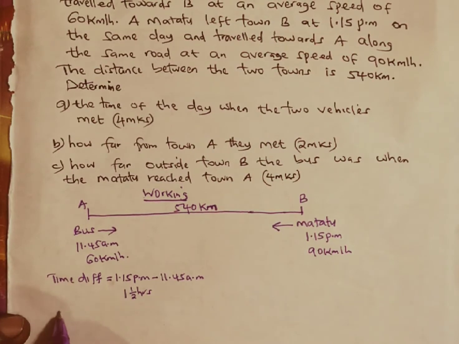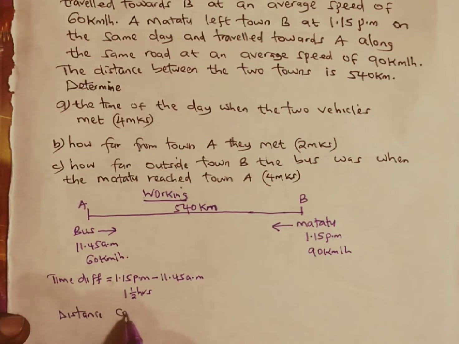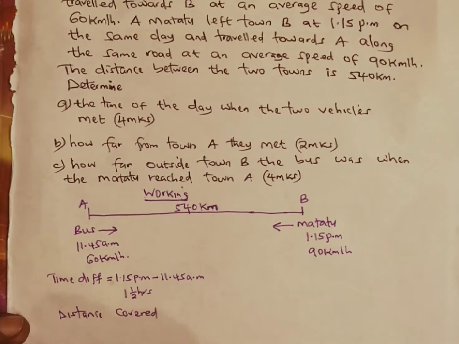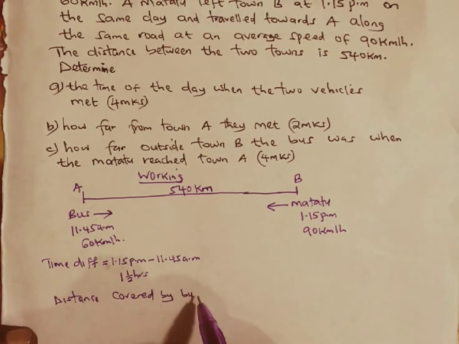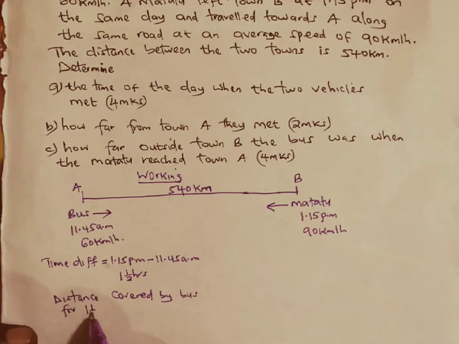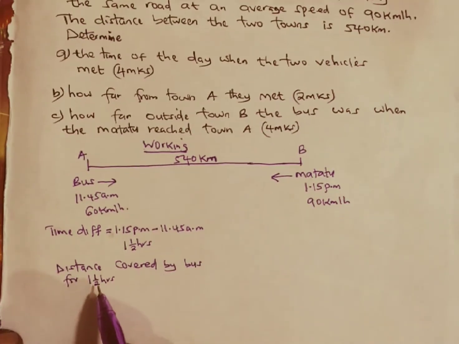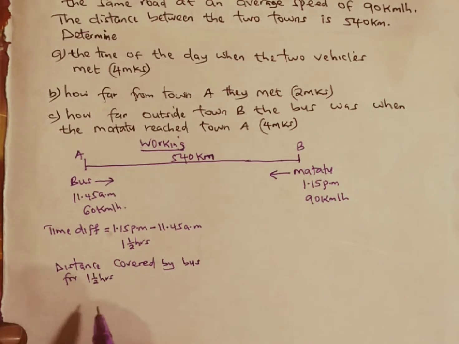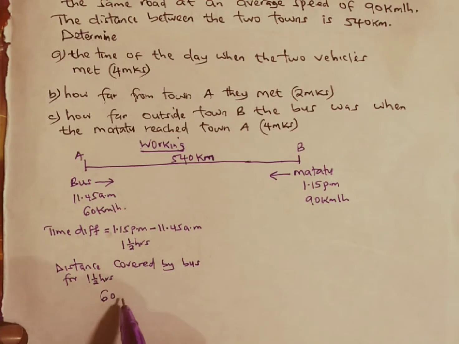So distance covered by a bus for 1.5 hours. So when we talk about distance, we know distance is given by speed times time, and in this case the speed of the bus is 60 kilometers per hour.